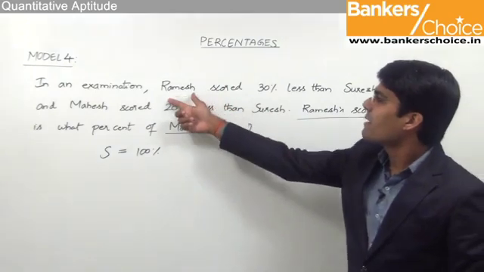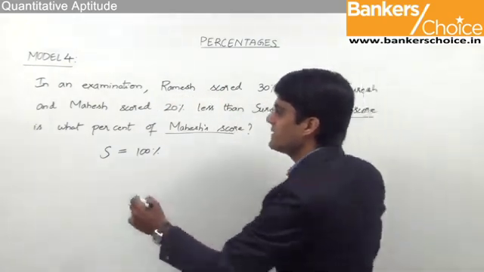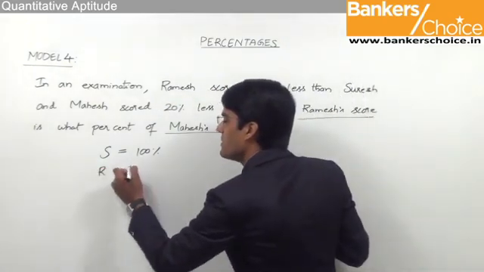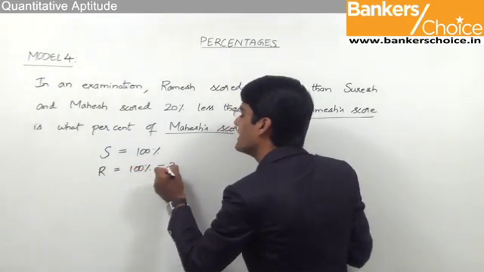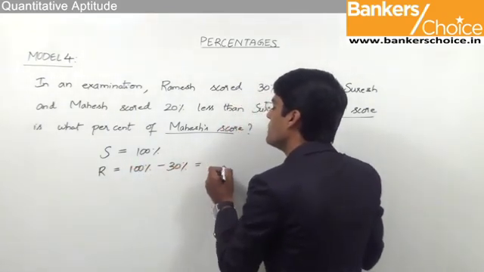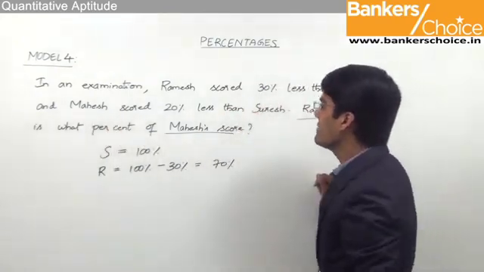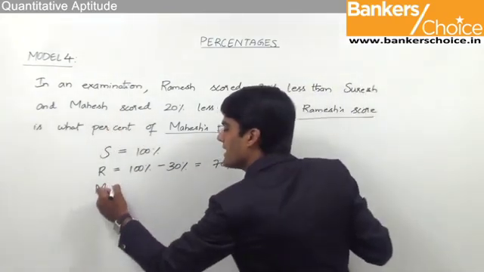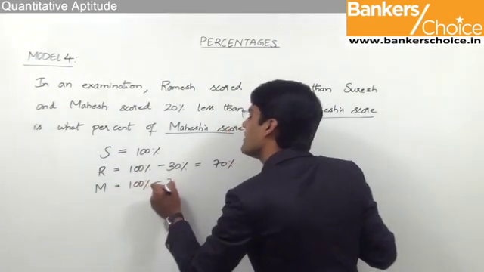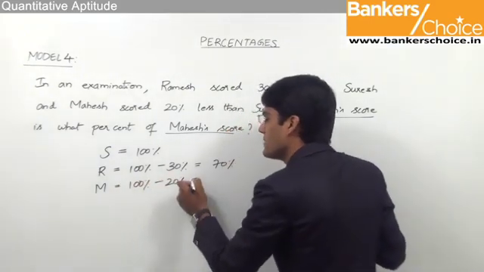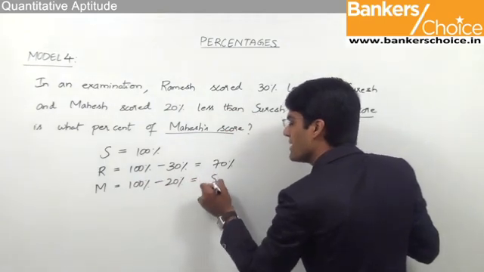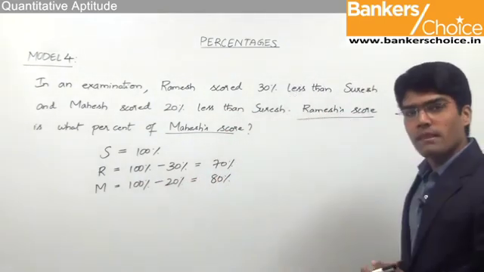Now as it says, Ramesh scored 30% less than Suresh. So we can say that Ramesh's score should be 100% minus 30%, which is equal to 70%. And similarly, Mahesh scored 20% less than Suresh. So Mahesh's score can be taken as 100% minus 20%, which is 80%.